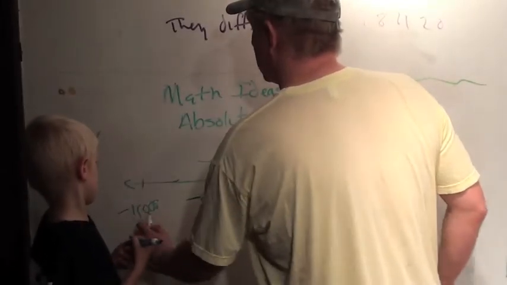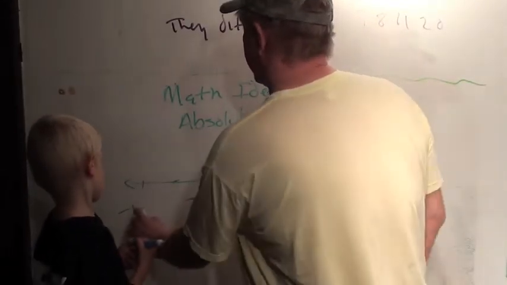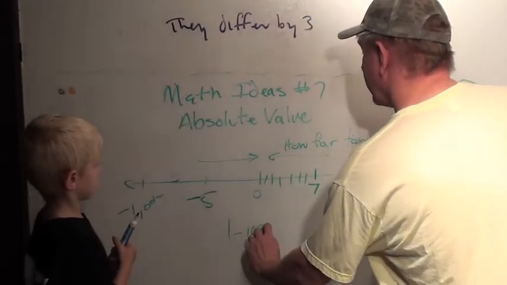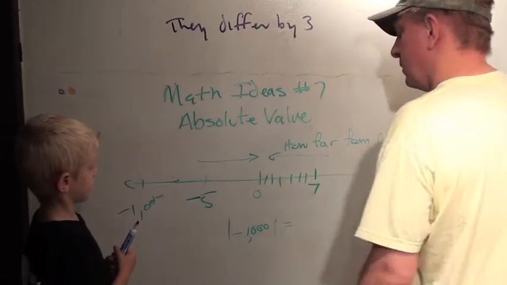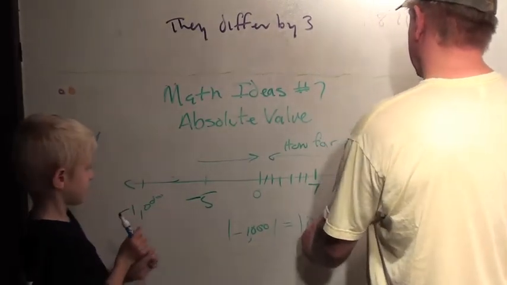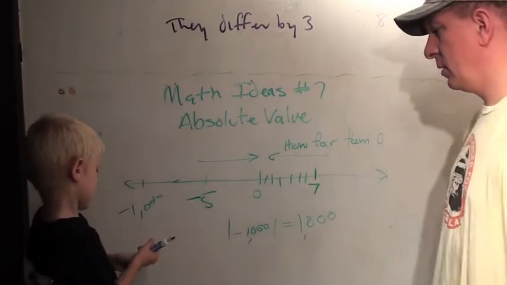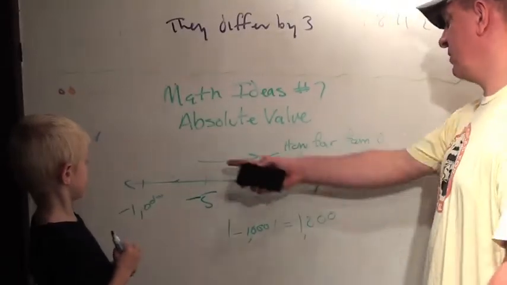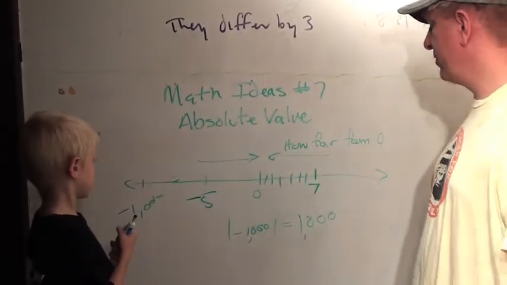I didn't write that very well. I'm having a hard time writing this morning. So what is the absolute value of minus 1,000? 1,000. Yeah, and why is that? Because you have to take 1,000 units to get to 0. Right. If you were standing at minus 1,000, you're a distance of 1,000 away from 0.